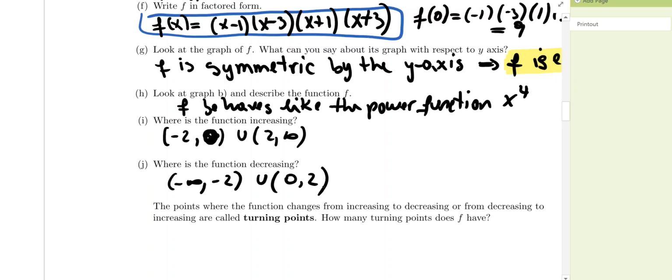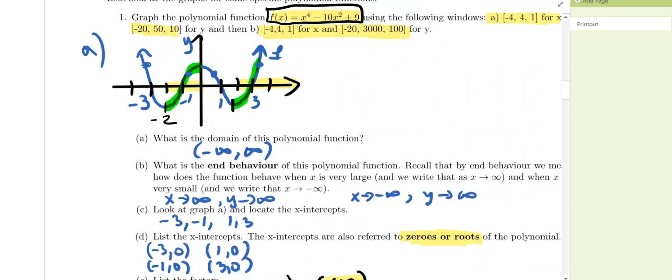Okay, another new vocabulary, another thing that we're looking at is a turning point. A turning point for a polynomial function is basically the point where the function changes from increasing to decreasing, or from decreasing to increasing. So it's basically these points right here. So I have one turning point here, and then I have a turning point here, and then another turning point there.